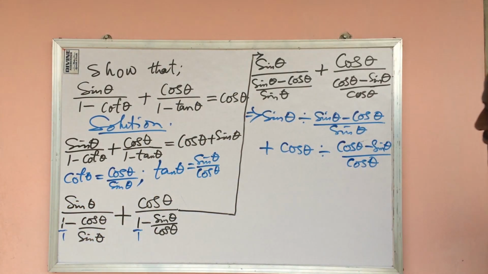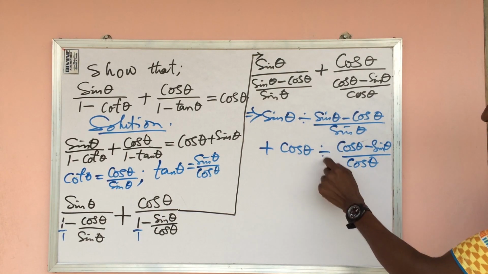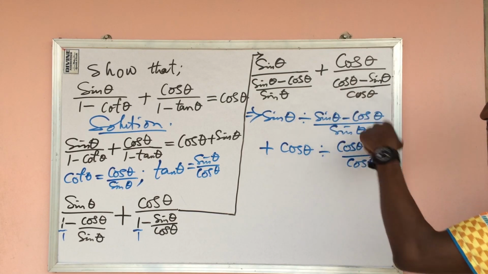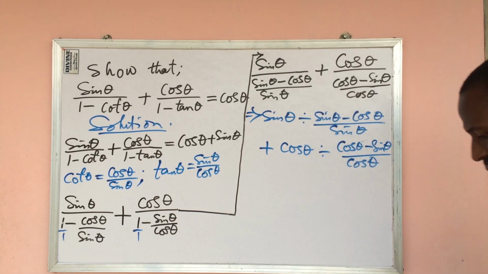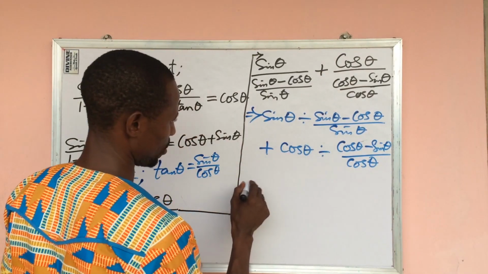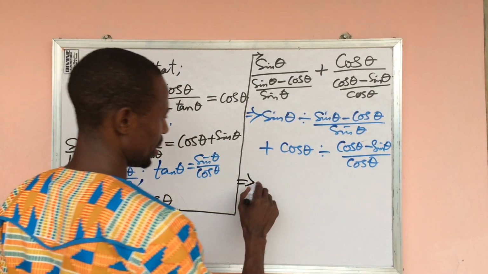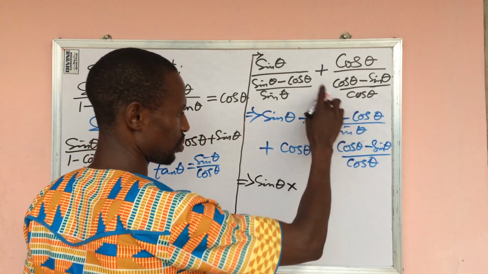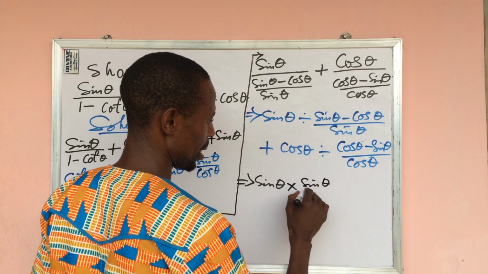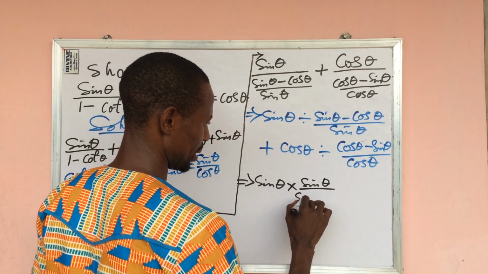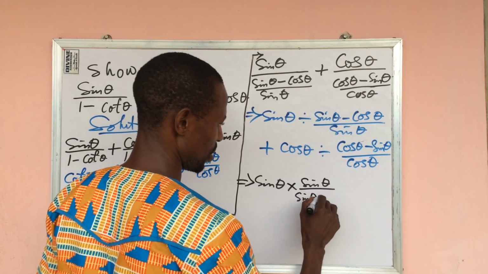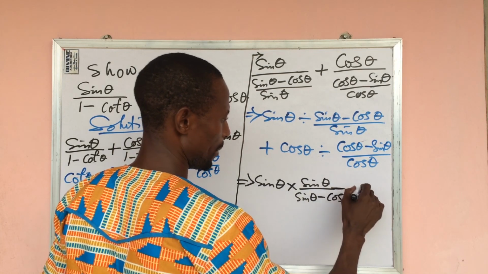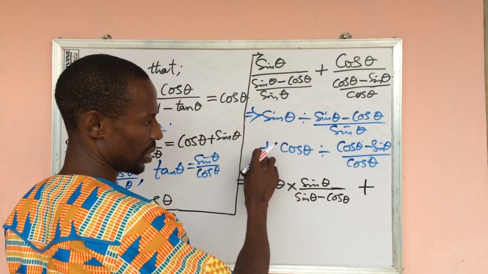Alright. At this point, if I decide to change this and this to multiplication sign, what will happen? This will go up, which is the denominator, and the numerator will come down. The same thing will happen here. So let's go ahead and do that. This will now imply that sin theta times this will go up, like I said, sin theta all over sin theta minus cos theta, plus this major plus here.